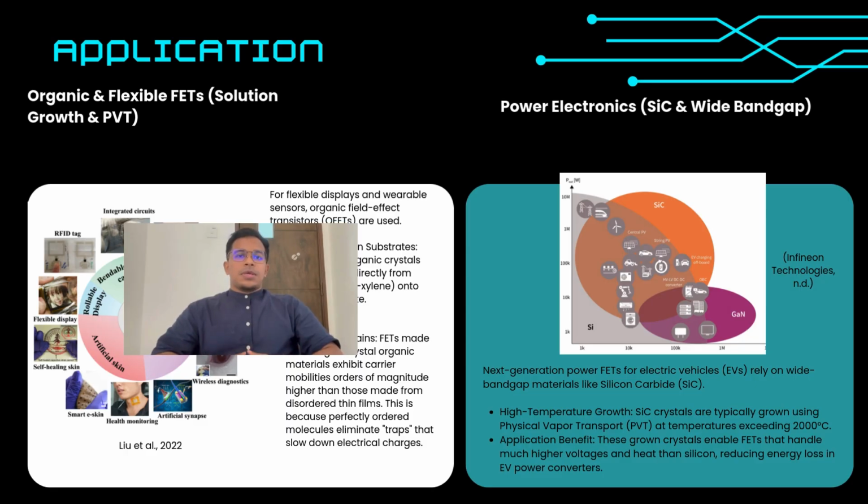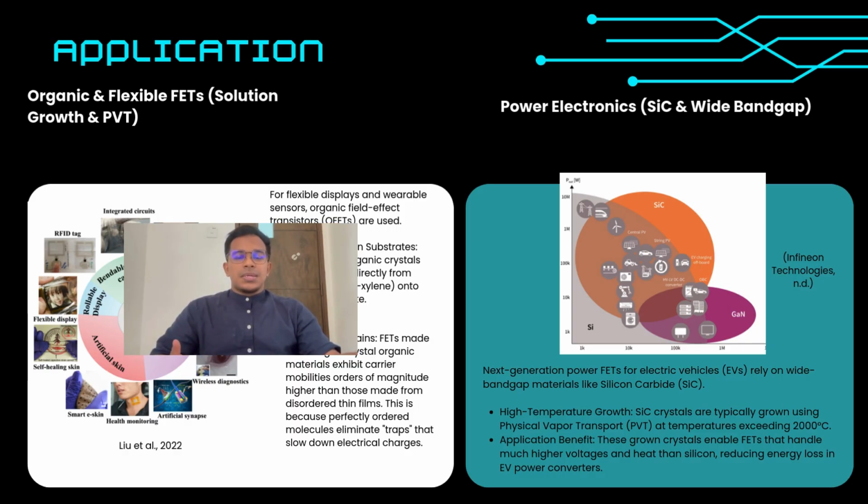To the next application, which is the cutting-edge organic field effect transistor. These are the foundation of future tech like rollable displays, smart screens, and wearable head mounts. Unlike rigid silicon, these crystals can be grown directly from solution onto flexible substrates.